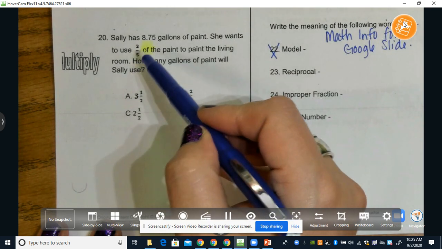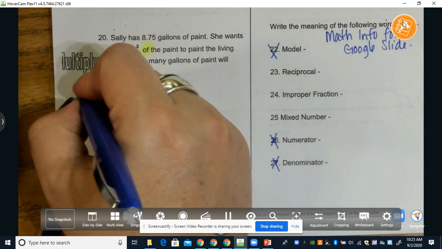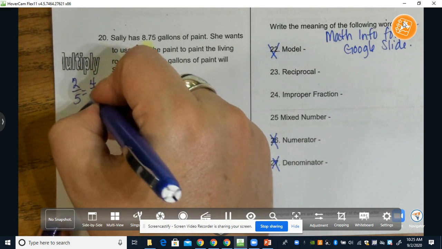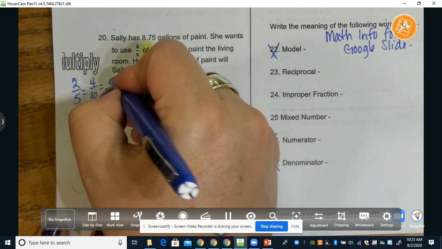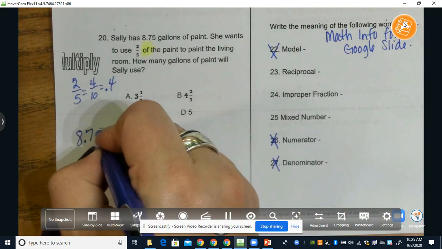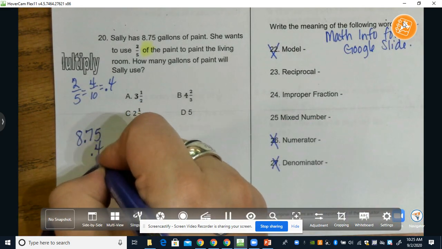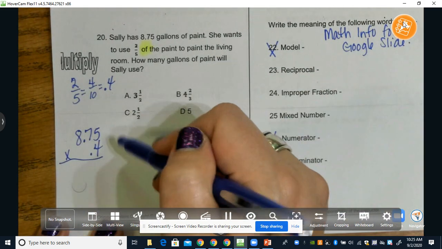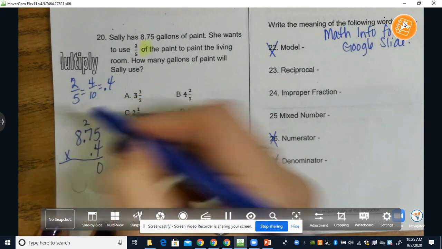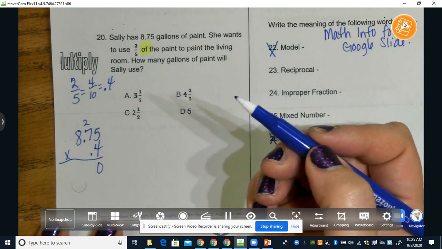So I'm going to do the decimal way first. So 2/5 as a decimal. Well, that's 4/10, which is 0.4. So I'm going to take 8 and 75/100, times it by 4/10. 4 times 5 gives me 20. 4 times 7 gives me 28, 29, 30.